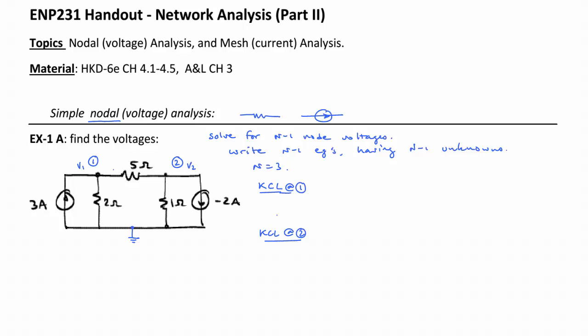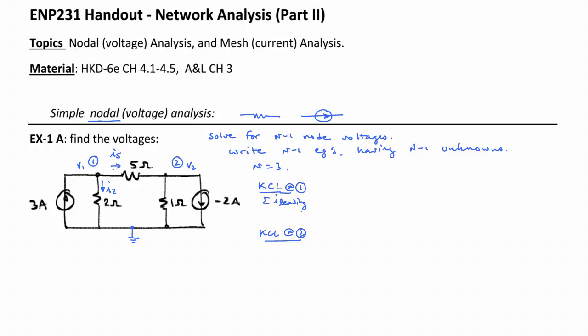So I'll take baby steps this time, or at least this first time. I'll label some currents. I'll call that I2, and I'll call this current here I5. Let's write a KCL equation at node 1, and I'm going to sum currents leaving. That's my convention.